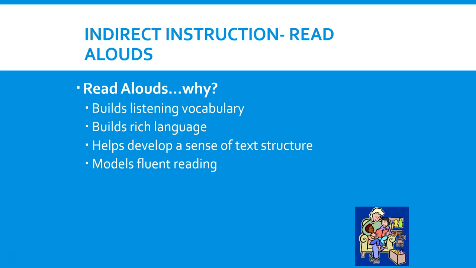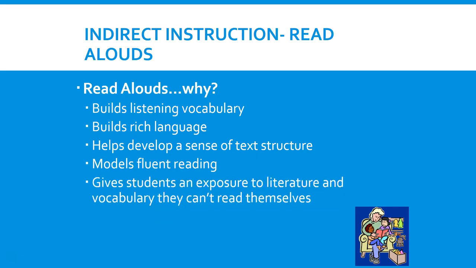You can model what fluent reading looks like. And you can give students exposure to literature and vocabulary that they might not be able to access, either because they don't have the ability or they just can't read it themselves. So it kind of widens their world, so to speak. It also builds student background knowledge.